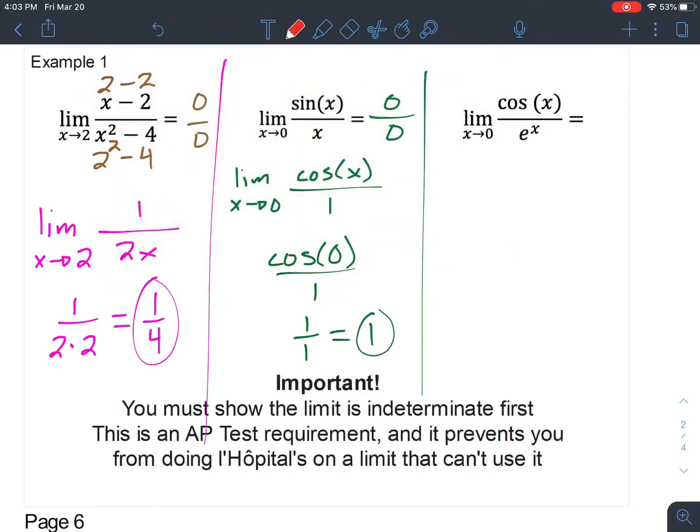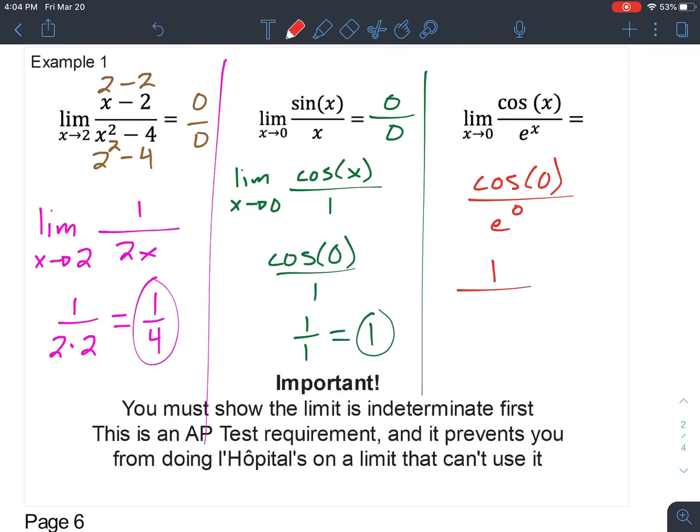Okay, and then for the last one, we're going to put 0 in for x, and then we're going to get e to the 0 on the bottom. Now on the top, well, this looks kind of interesting. I think you were expecting that we would get 0 over 0, but cosine of 0 is actually 1.